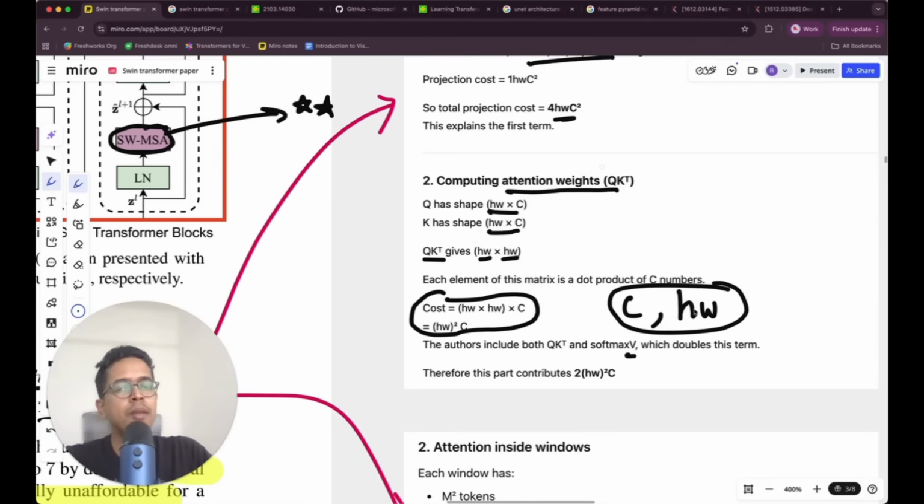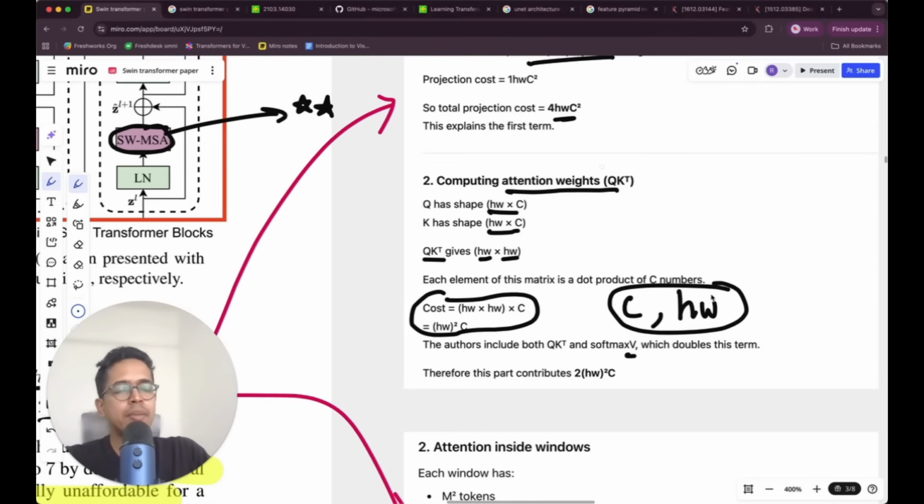So you have HW total value vectors, each of dimension C. Then you are taking an attention-weighted sum of the value vectors, and you have to do that for every single query.